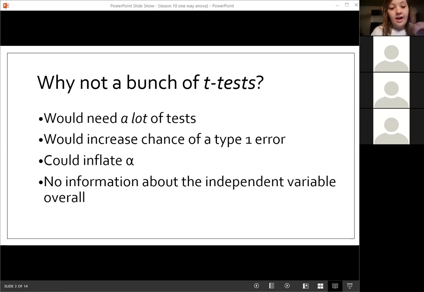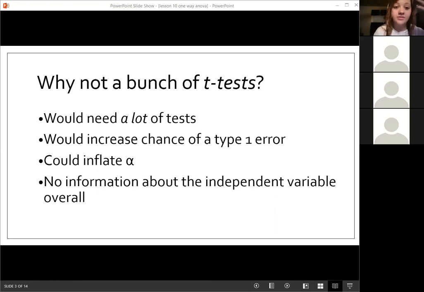So basically the first question is, why wouldn't we do a bunch of t-tests? That's often a question because remember, t-tests are the ones that we use for means. But the main point is that we would need a lot of tests because we have so many independent groups.